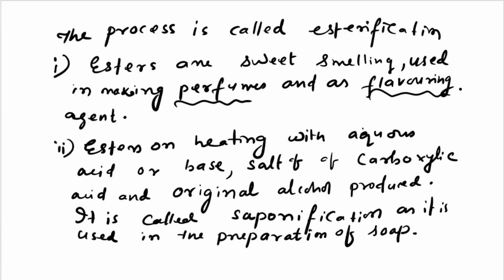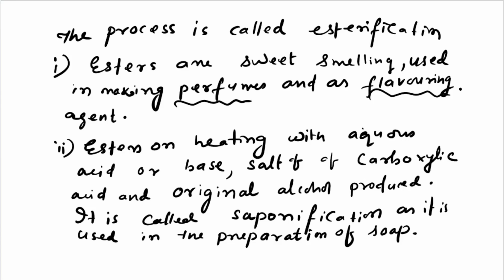Esters on heating with aqueous acid or base, that means if you take ester and aqueous acid or base, aqueous means water is added, the salt of carboxylic acid and the original alcohol are produced.